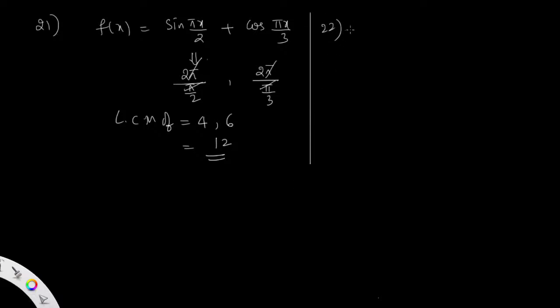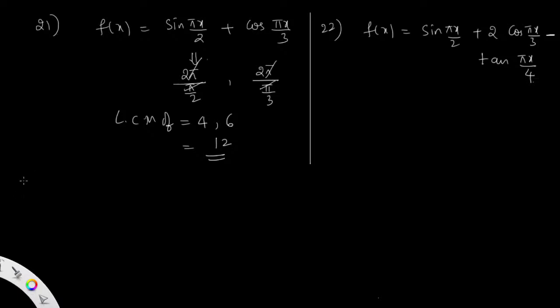22nd one. f of x equal to sine of pi x by 2 plus 2 times cos of pi x by 3 minus tan of pi x by 4. Three functions are there: sin pi x by 2, 2 cos pi x by 3, minus tan of pi x by 4. Three individual functions, take the LCM, then you get the answer directly.